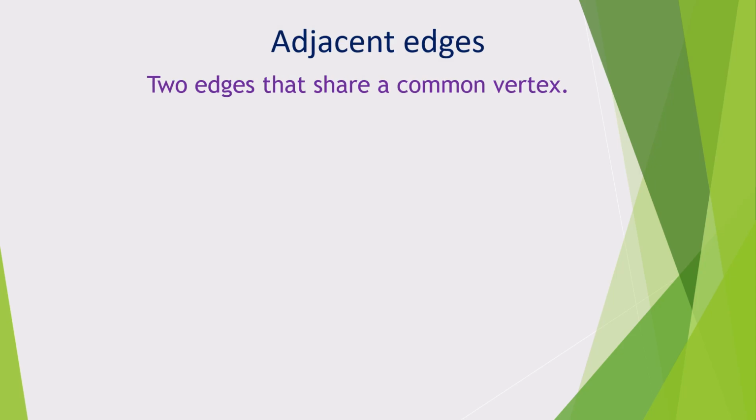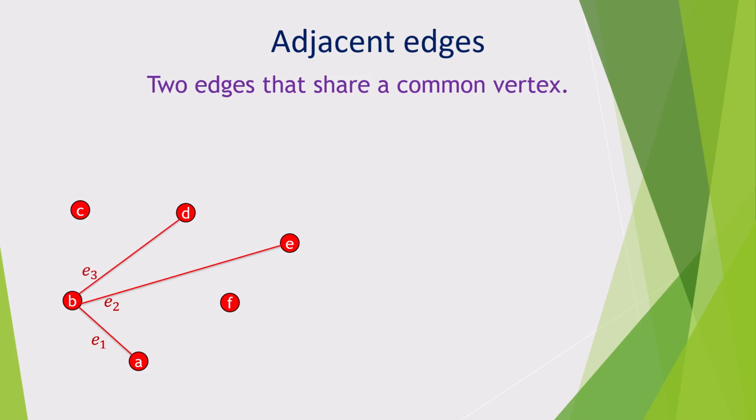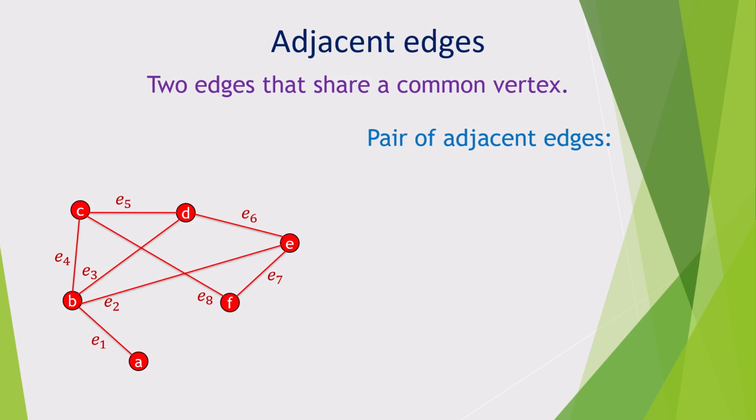Now the next concept is adjacent edges. If there is a common vertex between two or more edges, then we call those edges adjacent. Let us see which edges are adjacent and which are not.